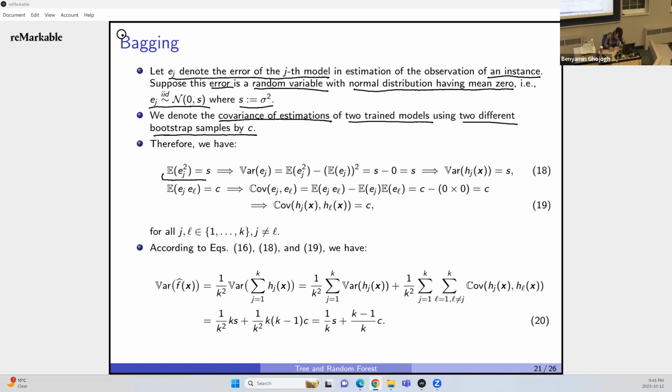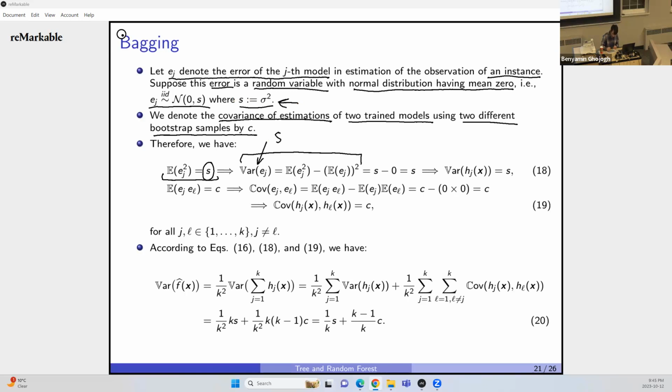As a result, recall the preliminaries. This is Ej. The expectation of Ej squared becomes what? S. Let me tell you why. According to this formula, do you remember we had it in the preliminaries? What is the variance of Ej? This is S, we just said that.